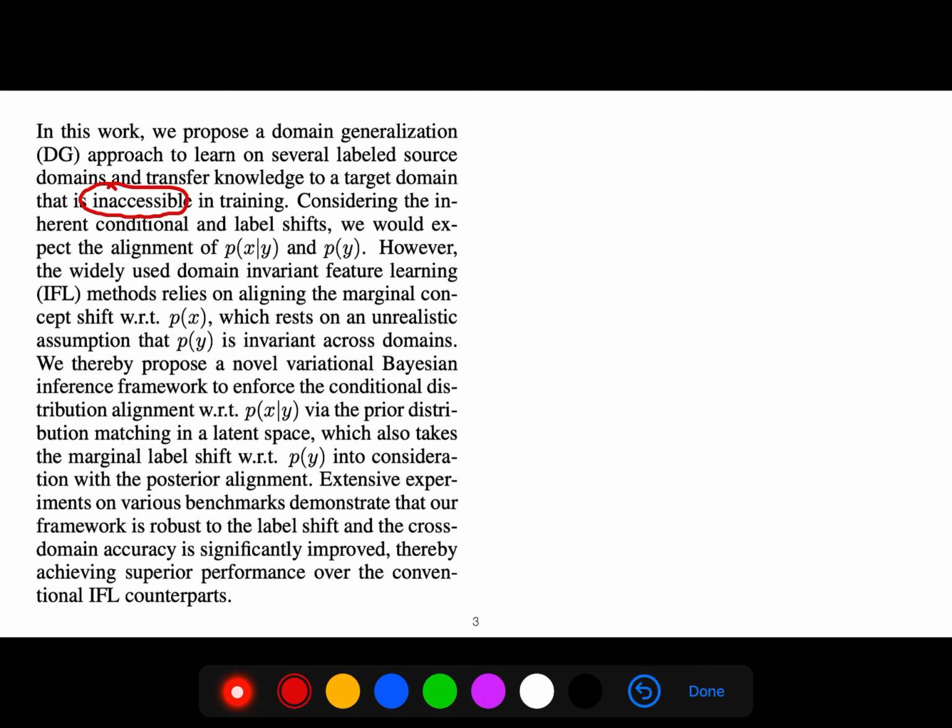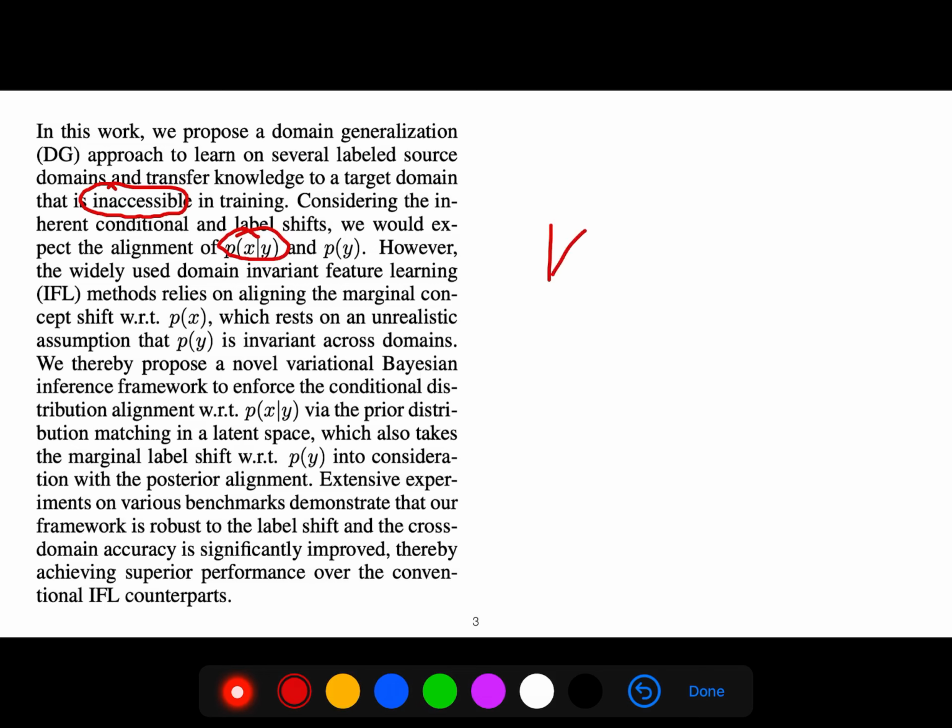So considering the inherent conditional and label shifts, we could expect the alignment of probability of X given Y and probability of Y. However, the widely used domain invariant feature learning relies on aligning the marginal concept shift.